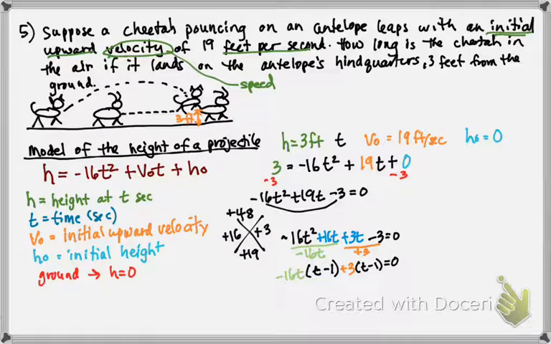So our little miracle occurs, and we get t minus 1 times the quantity negative 16t, no, excuse me, plus 3 equals 0. So we're going to go ahead and solve each one of those, set them equal to 0 and solve.